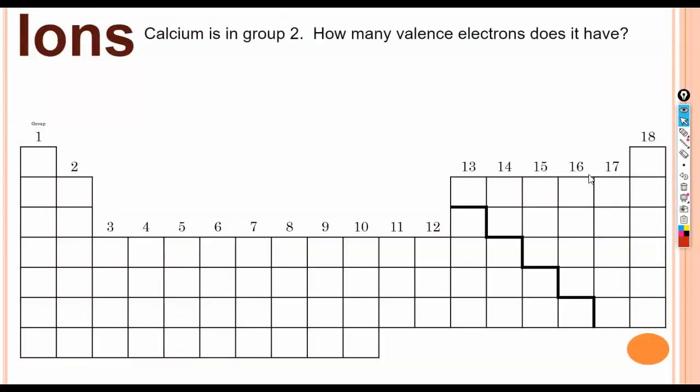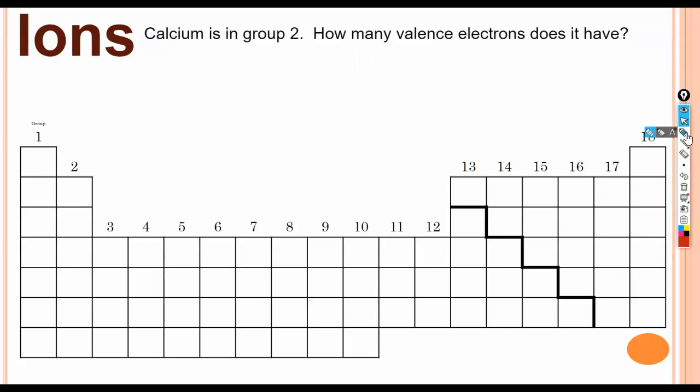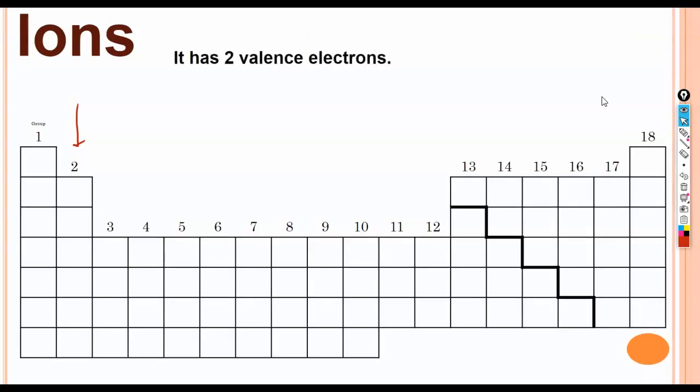Let me give you an example of how this might work. Let's take calcium for example. Calcium is in group 2. Calcium is right over here in group 2. How many valence electrons does calcium have? Well, we've learned before that elements in group 2 have 2 valence electrons, right? In other words, they have 2 electrons in their outside shell.